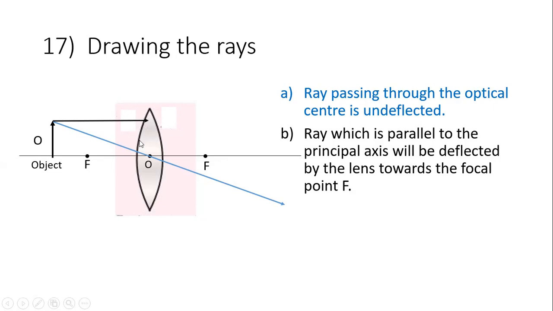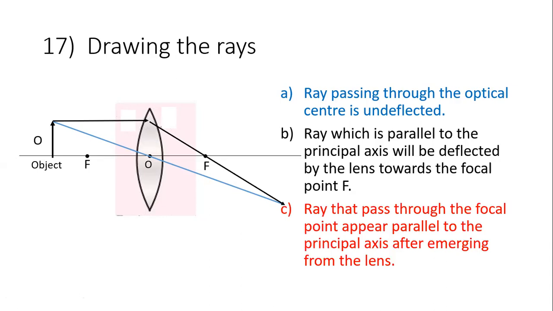Remember, it's a thin lens, so you don't need to show the slight deflection at each surface. Third, the ray that passes through the principal focus appears parallel to the principal axis after emerging from the lens. After it passes through the lens, it goes parallel.